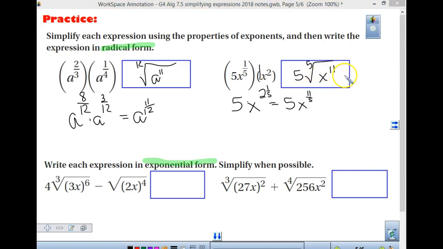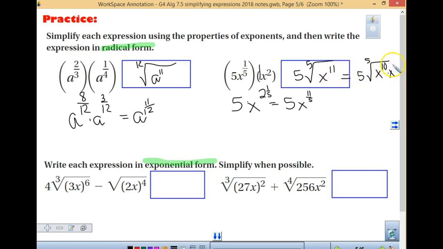Can this be simplified? Can you simplify inside here? Okay, so if this is 5, we want to think of dividing by 5. So if I break it down and I go something like 5 times the 5th root of x to the 10th, do you agree, times x. Doesn't that give us x to the 11th?